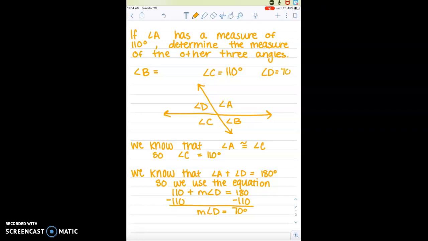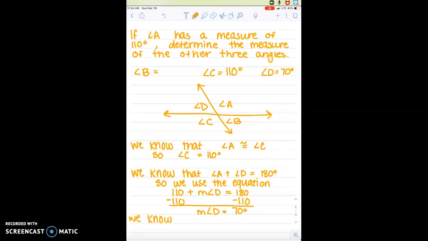Okay? So we figure that out just the same way we did all those example problems in yesterday's lesson. We know that since they both sit on that straight line, they have to equal 180 degrees. Okay? So from there, we can also figure out the measurement of angle B, our last remaining angle.